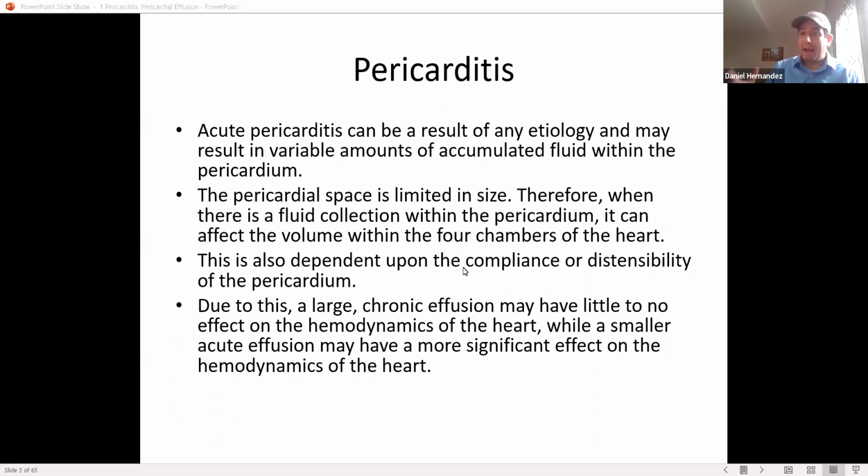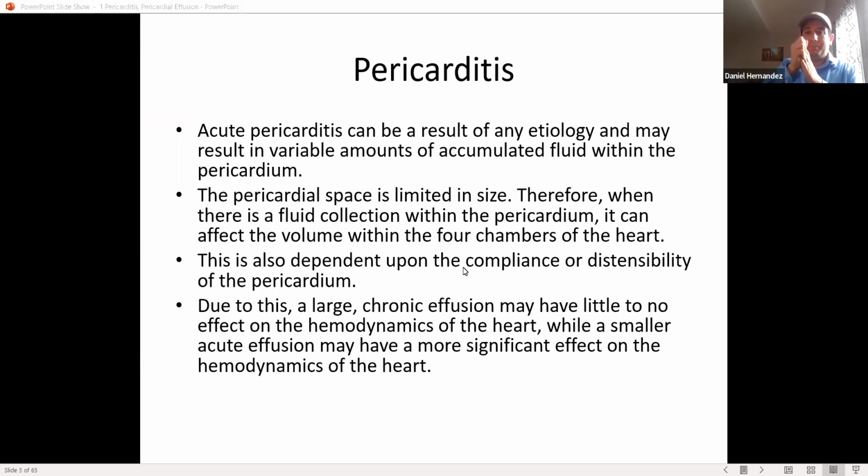So if fluid accumulates very rapidly and very suddenly around the heart, the pericardium hasn't been given the chance to become compliant and adapt to that sudden increase in fluid. So that pressure is going to build up very suddenly around that heart. The pericardium is very tight and stiff. It hasn't been able to stretch out and grow in time with that fluid.